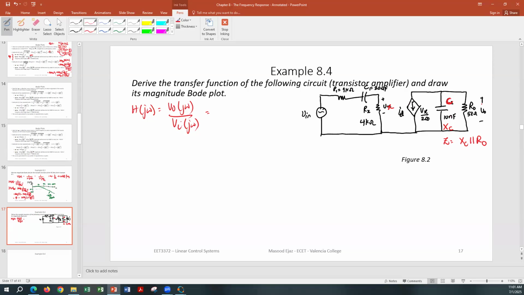And then the output voltage will simply be what? Anyone? V out will simply be negative ID times Z. Ohm's law. Negative because, of course, current is going from bottom to top, but the voltage polarity is from top to bottom.